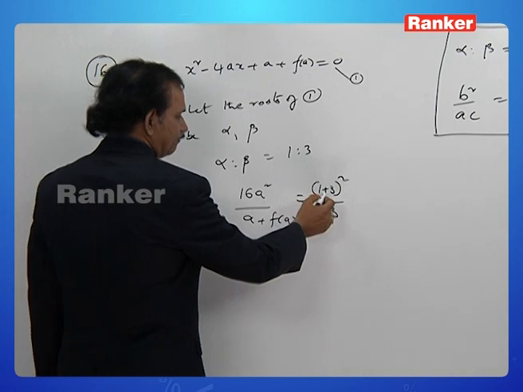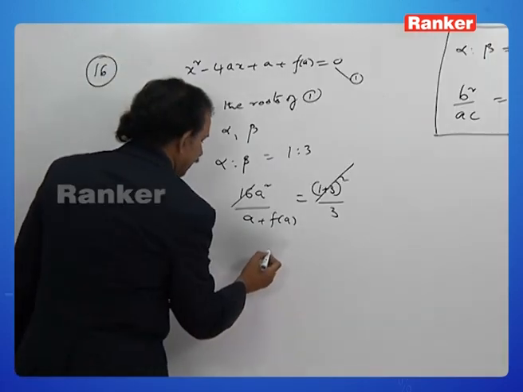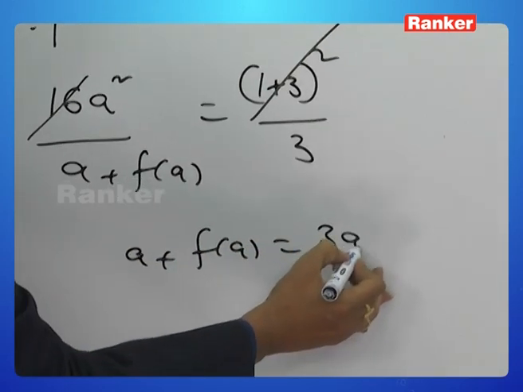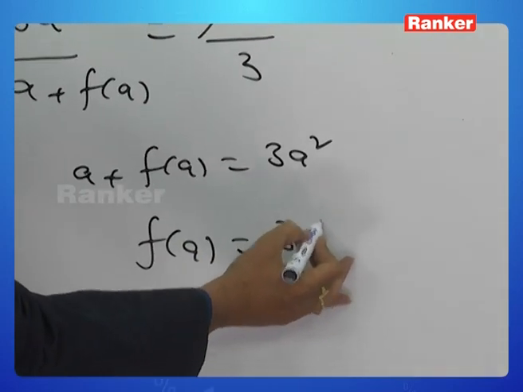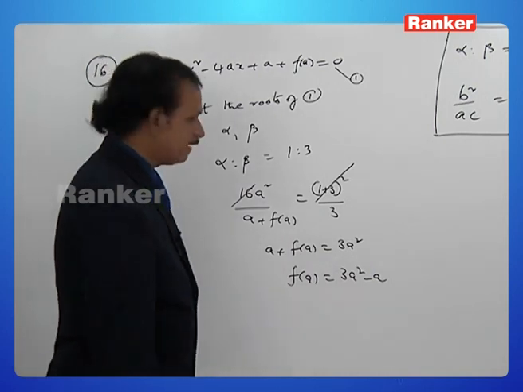What is 1 plus 3? 4. 4 square is 16. They go away, leaving you a plus f of a is equal to 3a square. Therefore, f of a is 3a square minus a.